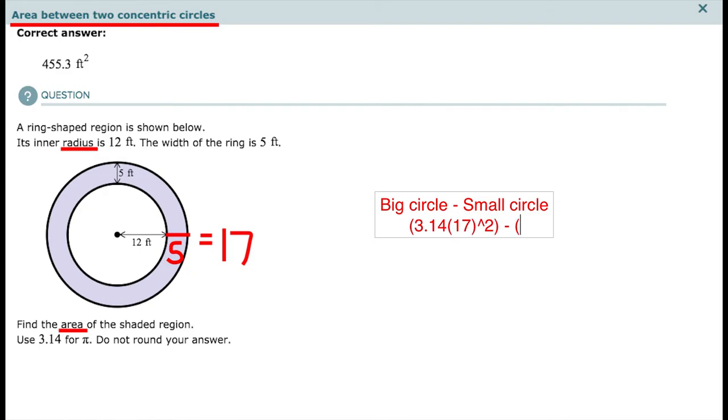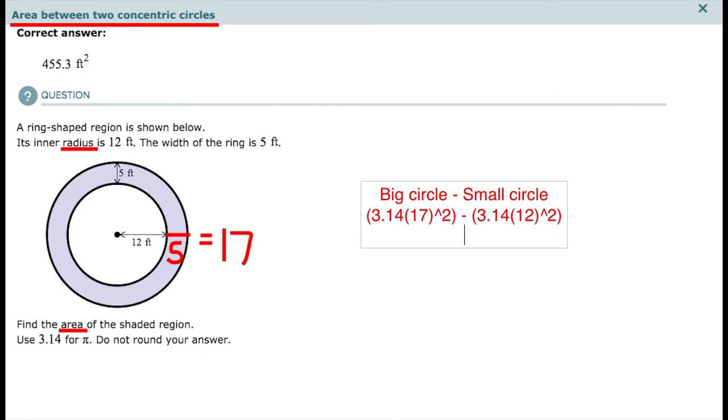It's still a circle, so we use the same equation, pi r squared, but it's a different radius. The radius is 12. So we're doing 3.14 times 12 to the power of 2. So this is pi r squared of the big circle and pi r squared of the small circle.